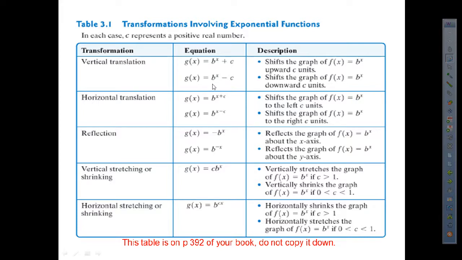If you know how to do those translations, you're going to know how to do these translations. Get that key point of (0, 1), and do any translation you need to it, and the shape's going to essentially stay the same. Just remember about the reflections. That's going to change the direction it's going to go, but the overall shape's going to be the same.